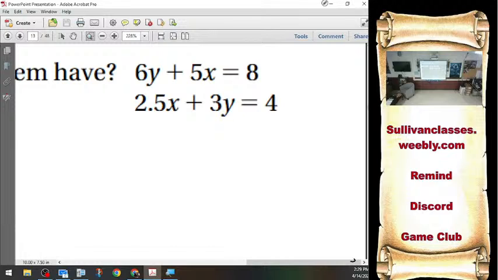Just pick the x or the y, top or bottom, and say, I'm going to get that by itself. Start moving things around. That one's gone, that one's gone.